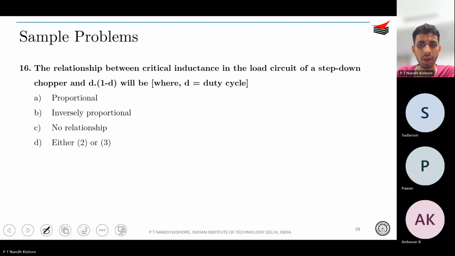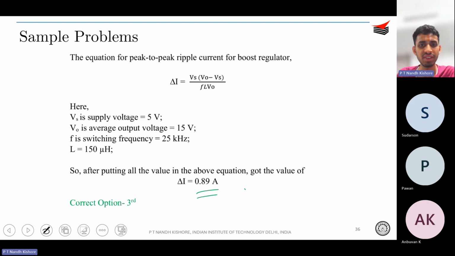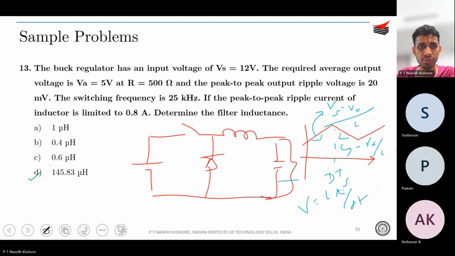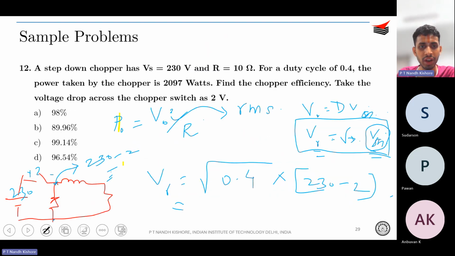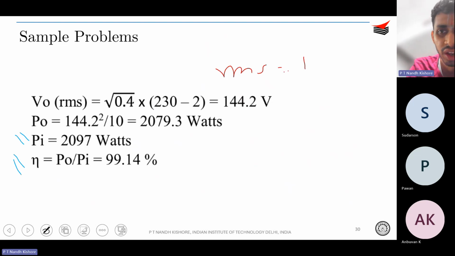Before we go to this question, I think there was a problem from Anbuvan. The question was, why are we getting a root over D over here, in this efficiency problem? So from the basic definition of RMS, what is RMS of any quantity?